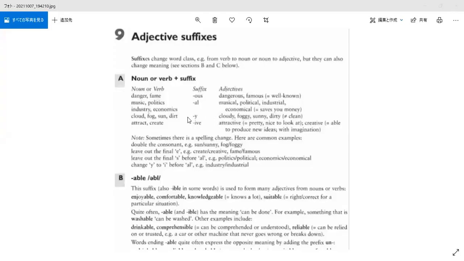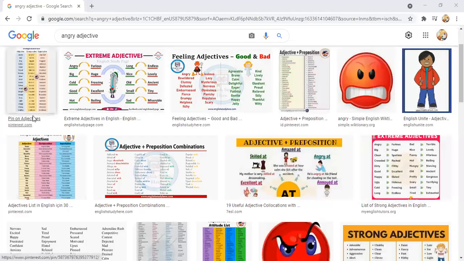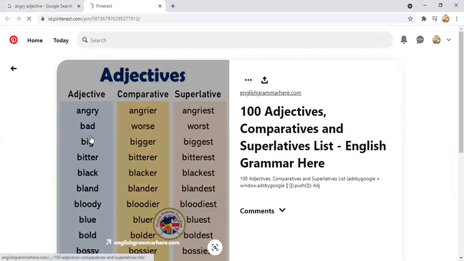If the ending is Y, most probably it's going to be an adjective. Like in here: angry, bloody, bossy.